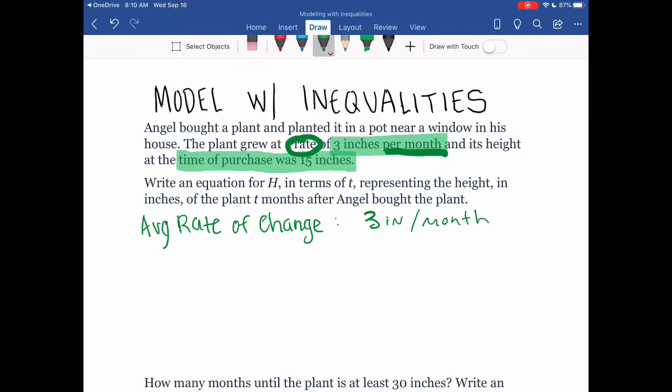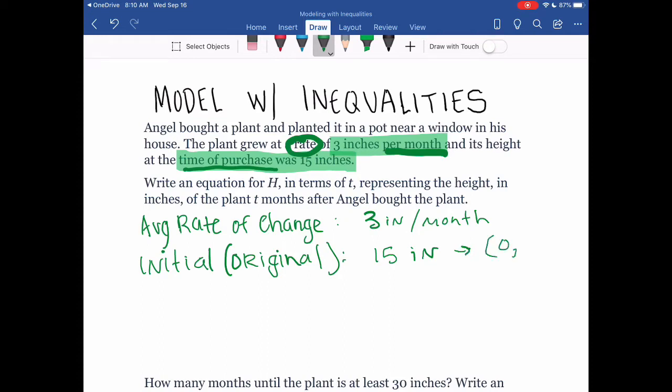And its height at the time of purchase, so its original height when it was purchased, is 15 inches. Its initial or original height. That means at time 0, its height was 15 inches.